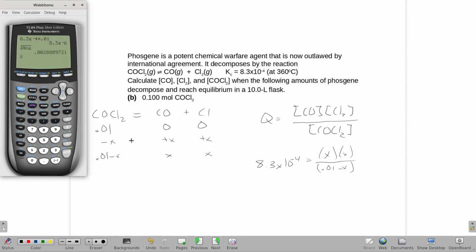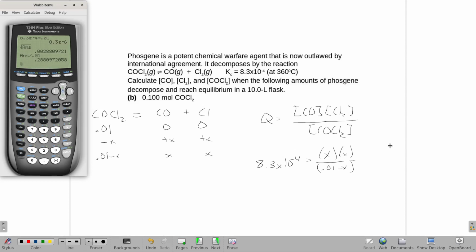Alright, the new x is 0.002, so it is small. But let's compare it to this 0.01 that we assumed was more significant. See, that's like 28% of it? That's way more than 5%. Because of that, this is not a safe bet to use. So you don't want to do that.